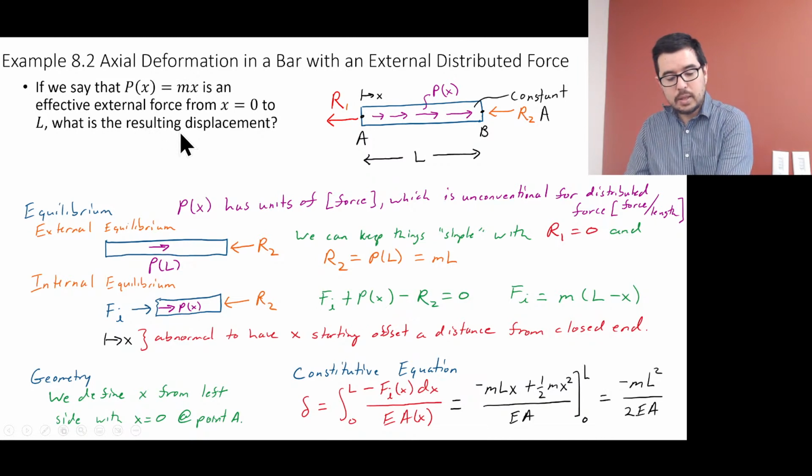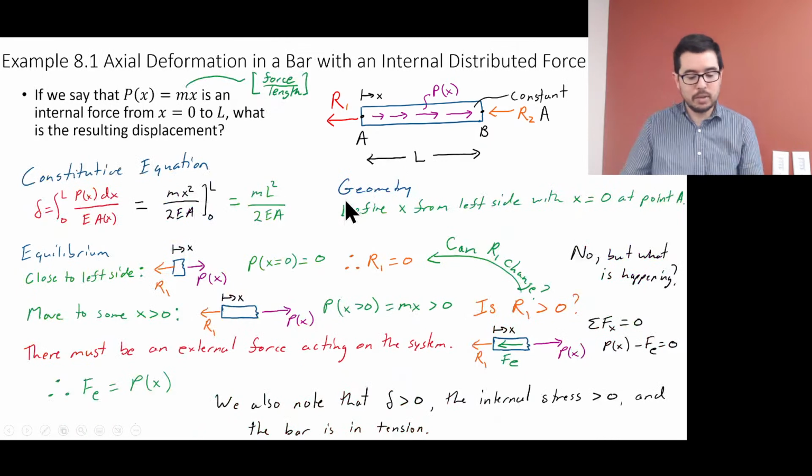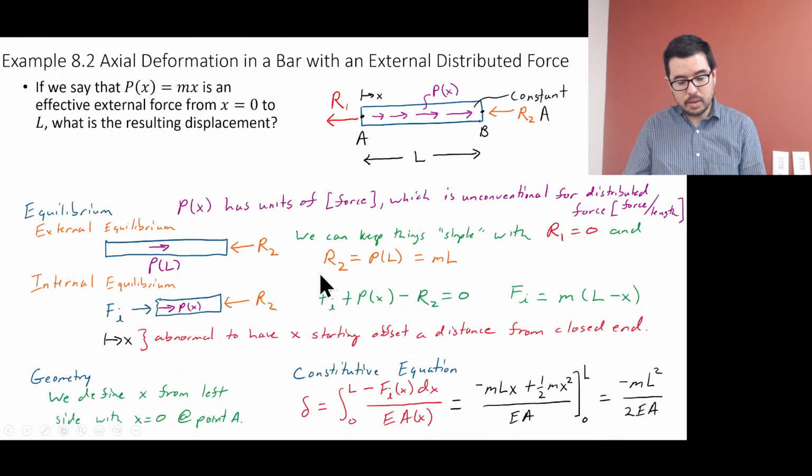So now we say it's an external force. Well, that's just a conundrum in terms of the constitutive equation, because I shouldn't use the P of x, right? Because now it's an external force, not internal. So maybe I'll use something else called Fi, all right, internal.